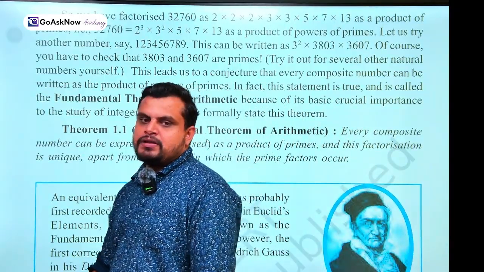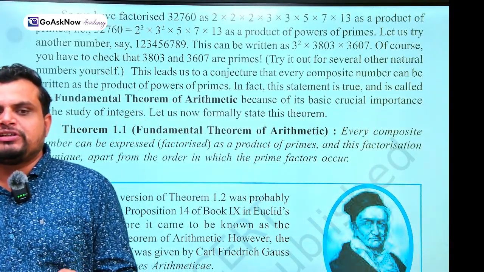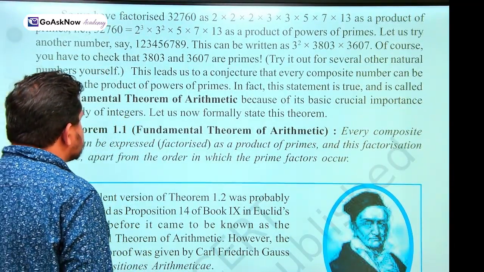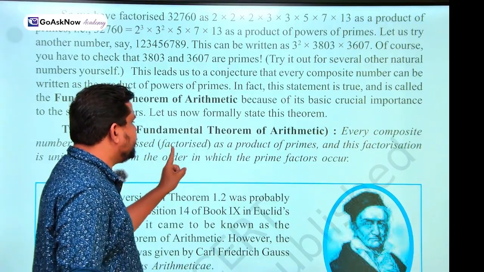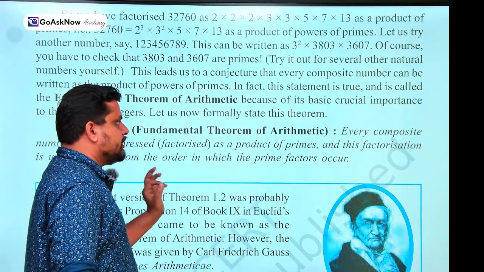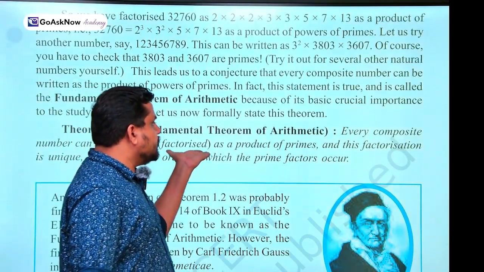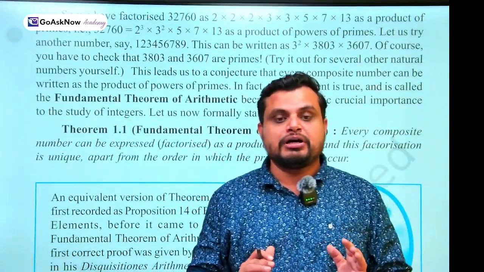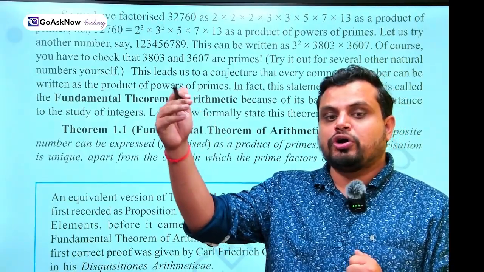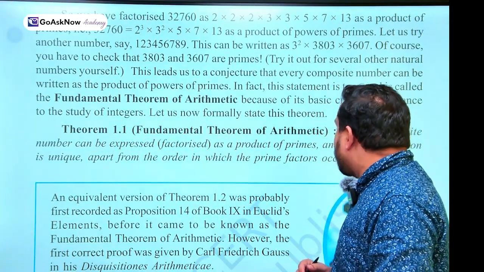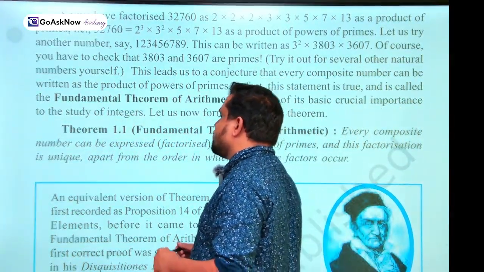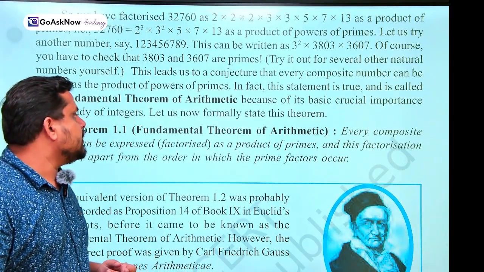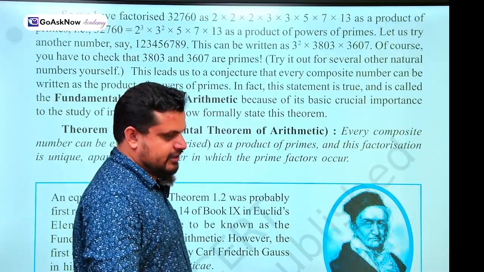It says that every composite number can be expressed or factorized as a product of primes, which means every composite number can be written as a product of primes, and this factorization is unique apart from the order in which the prime factors occur.